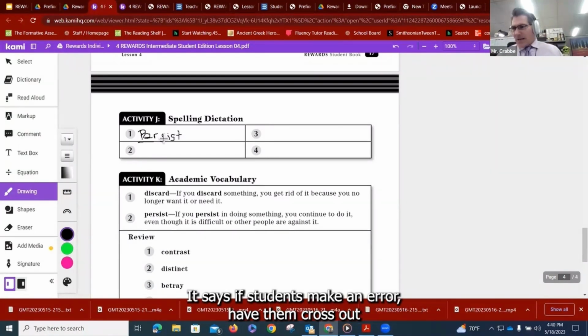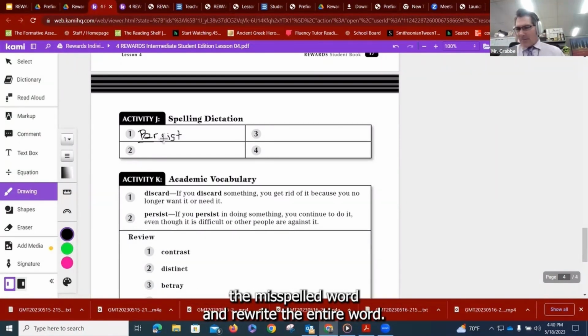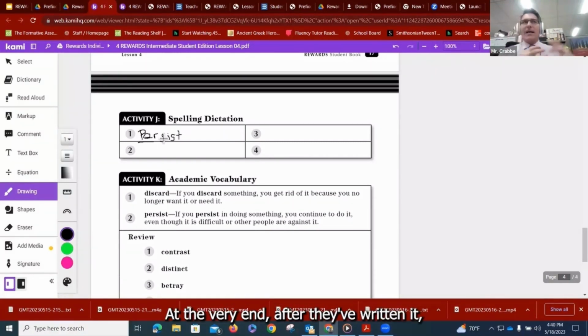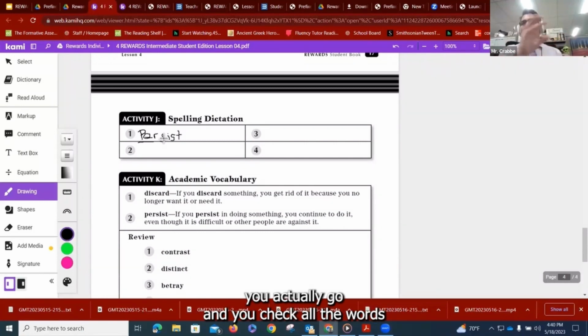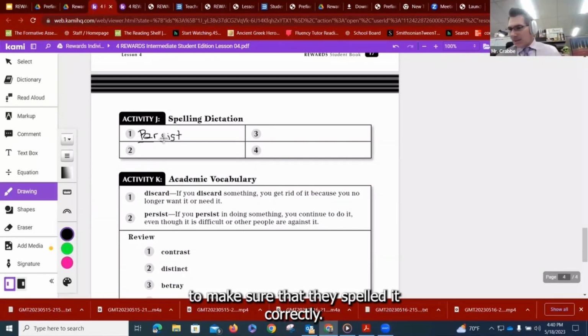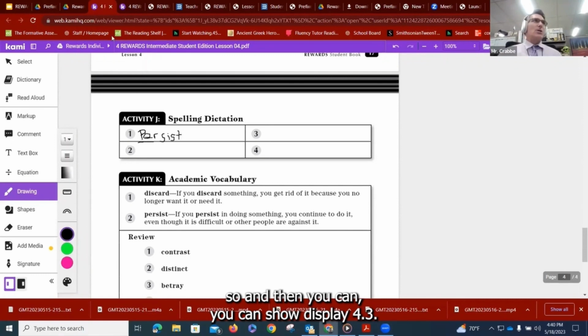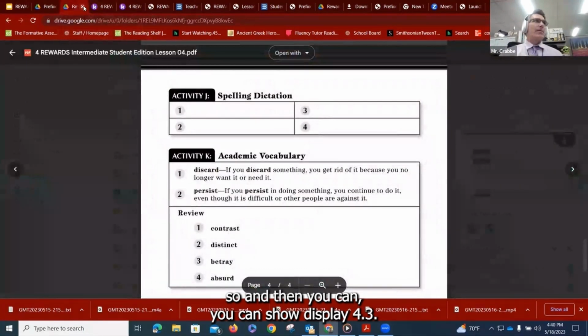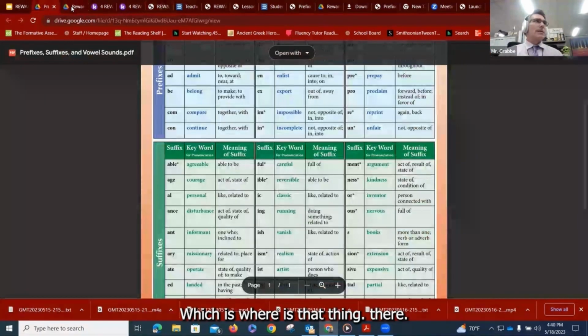It says if students make an error, have them cross out the misspelled word and rewrite the entire word. So at the very end, after they've written it, you go and check all the words to make sure that they spelled them correctly. Then you can show display 4.3, which is, where is that thing?